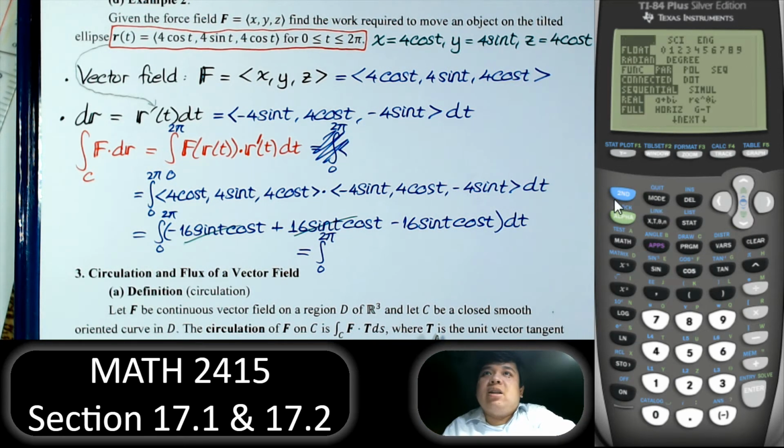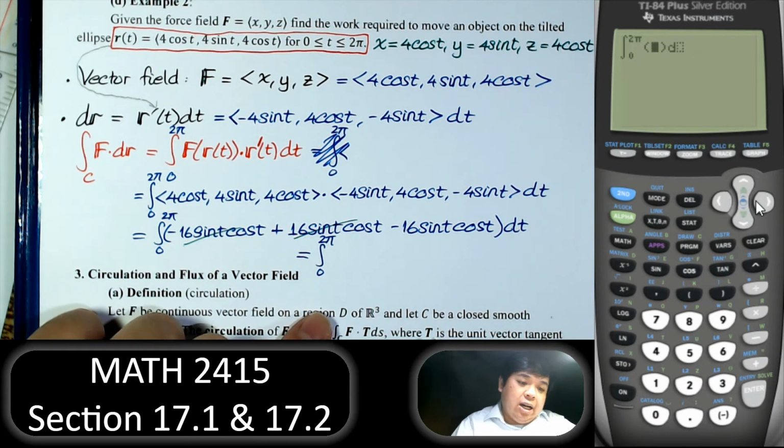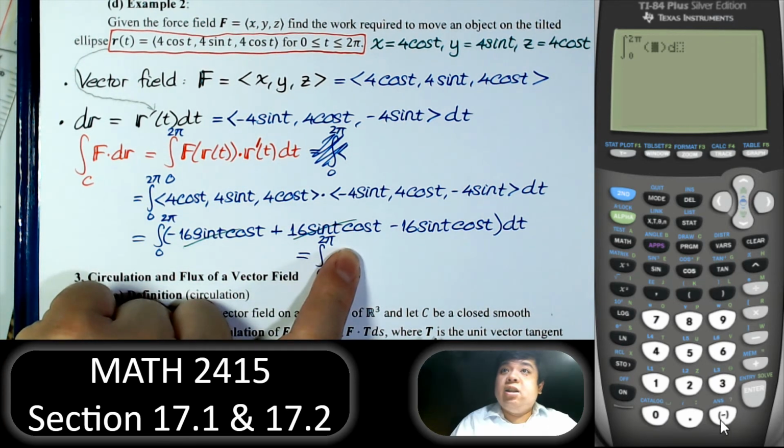It is radians, yes. So math number 9, go from 0 to 2 pi. And negative 16 sine t cosine t. Right.